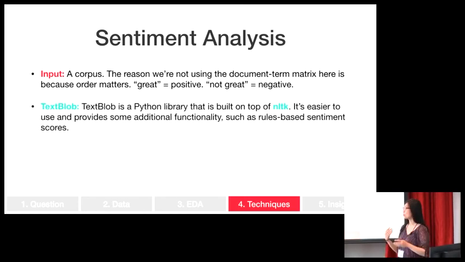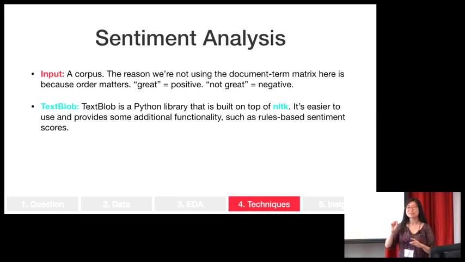What we're going to use for sentiment analysis here is a library called TextBlob. Earlier I talked about NLTK, which is the library that everyone uses for natural language processing in Python. TextBlob was built on top of NLTK, and it makes it a lot easier to use. It also includes some additional functionality, such as sentiment analysis and fixing typos.